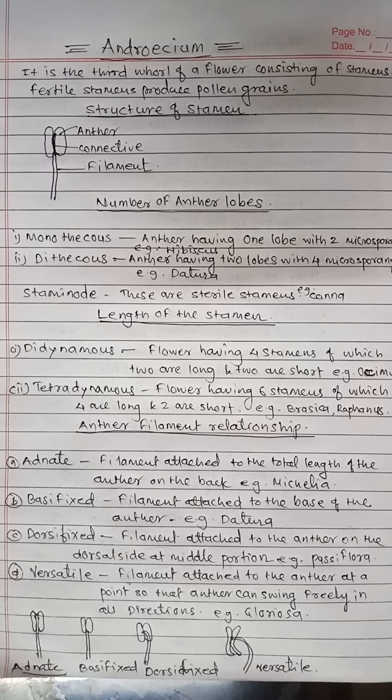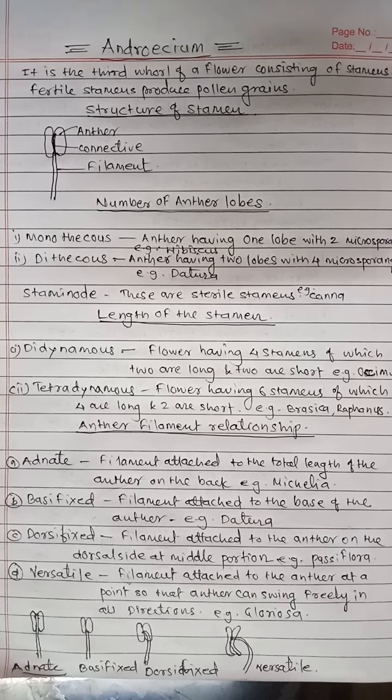In monothecous condition, the anther has only one lobe, so it has only two microsporangia. Therefore, it is also called bilocular or bisporangiate. Such type of monothecous anther is found in hibiscus.